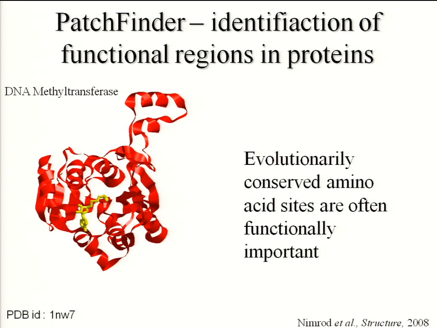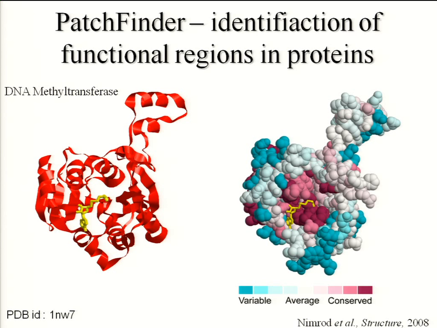But if we map evolutionary conservation as if we did not know where the functional region is, using the ConSurf server, where variable amino acids are in blue and conserved are in purple, we see that the eye is drawn to the peptide binding site in this case because it's highly conserved. So even if we did not see the peptide, we knew that this is the functional region.